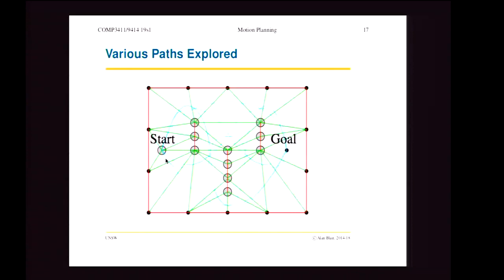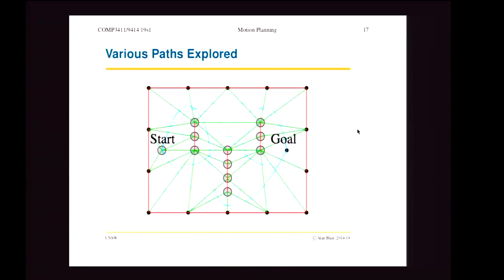So this system takes A-star search and then adapts it to a continuous system. You throw in some cubic splines and some local optimization, and it gives you these optimal trajectories.